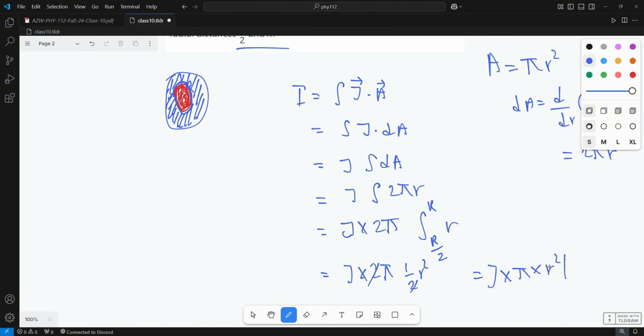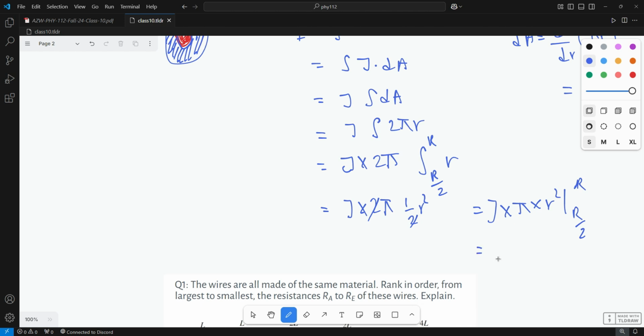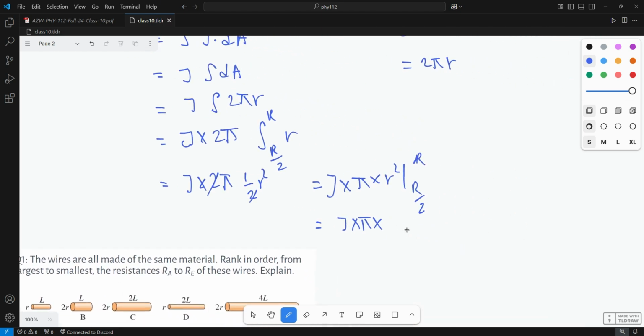We have to put the bounds, and we'll get j times pi times r squared minus j times pi times (r by 2) squared.